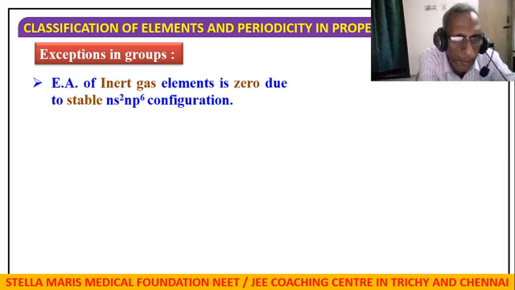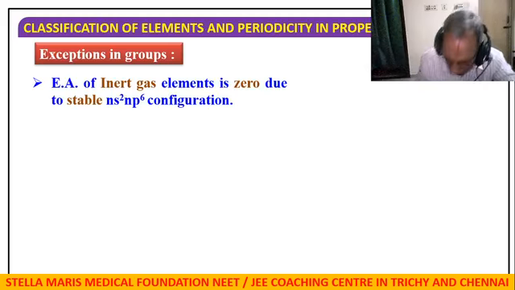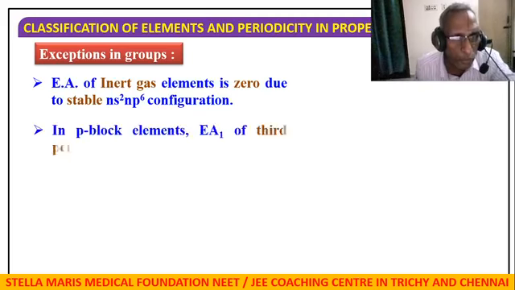It is stable, np6 completely filled. You cannot add or remove an electron. Like a house with an optimal number of people, you will never accept new people or lose existing people. So for an inert gas it is 0.